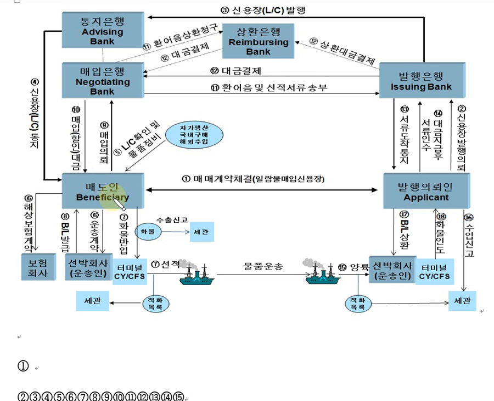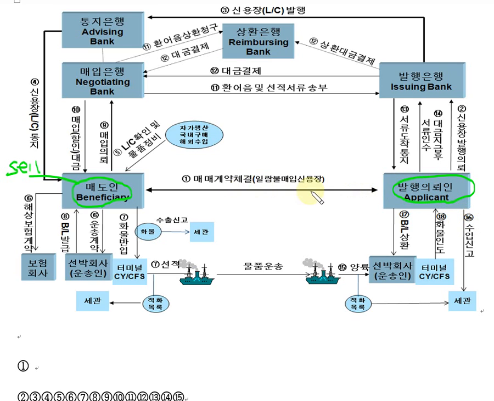We have a beneficiary. Beneficiary is a seller. I told you it is a seller. And we have a buyer here, the buyer who wants to purchase product, the material for his production procedure, right?